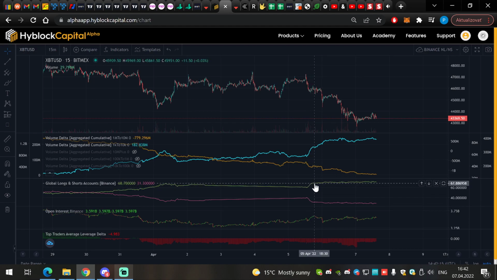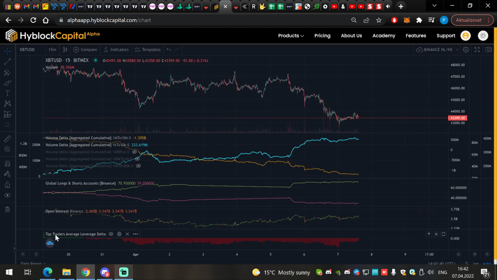Almost 70% of people from this point were long on Binance. You really don't want to be long with these people on the market, yes? You will be at big risk because all of these people are looking to take profit nicely, and if something goes wrong and you lose these lows, they will be in big trouble.